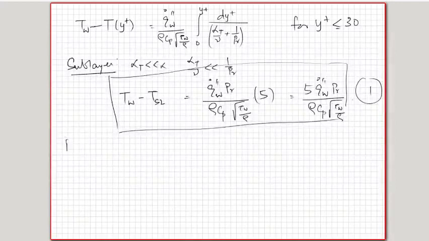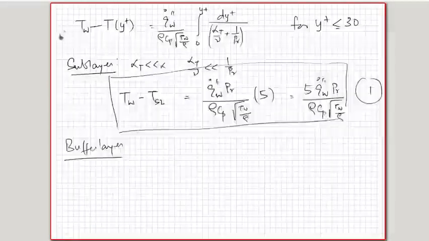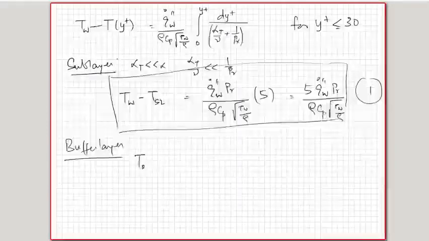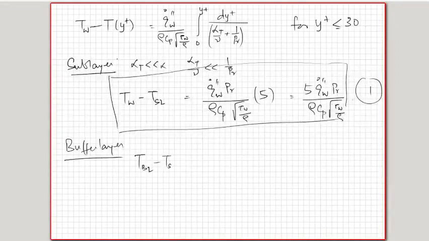Now similarly, if I integrate it for the buffer layer, so I integrate this equation between 5 to 30. Okay, so what do I get here? Then it will be T BL minus T SL.